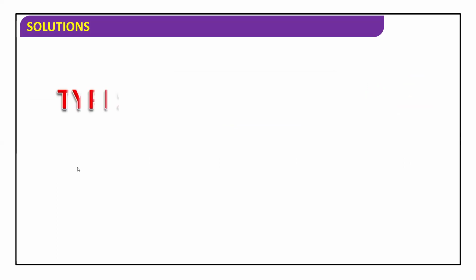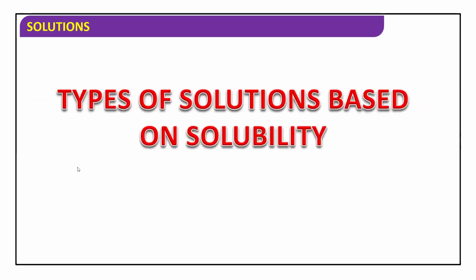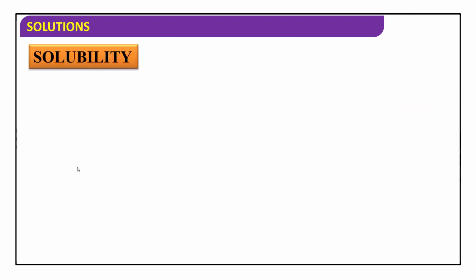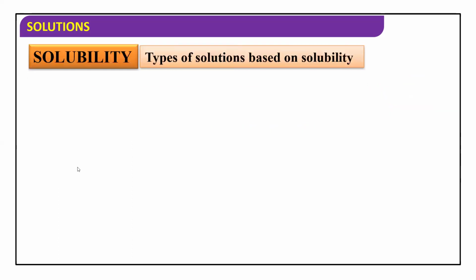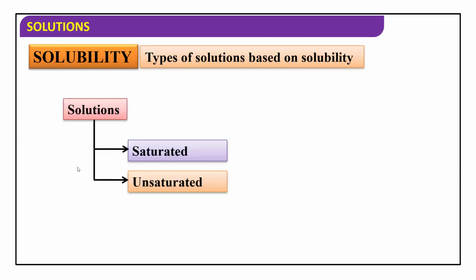Next we are going to discuss the types of solutions based on solubility. Now we have discussed solid and liquid type and the four factors which affect the solubility for this case. Solutions are classified into saturated solution, unsaturated solution and supersaturated solution.